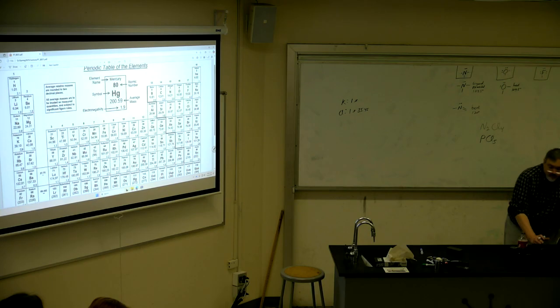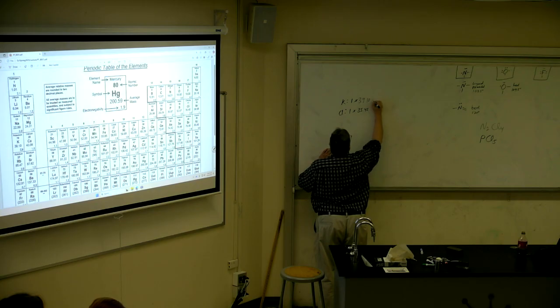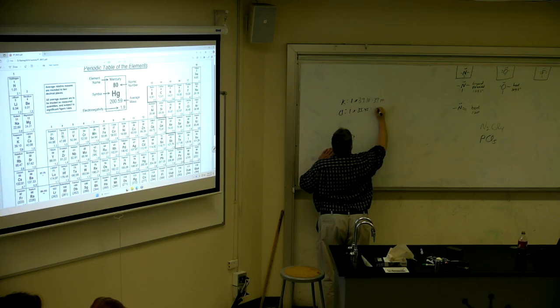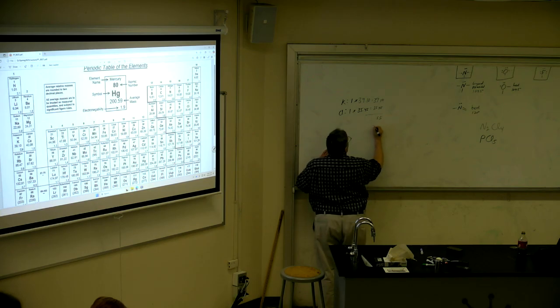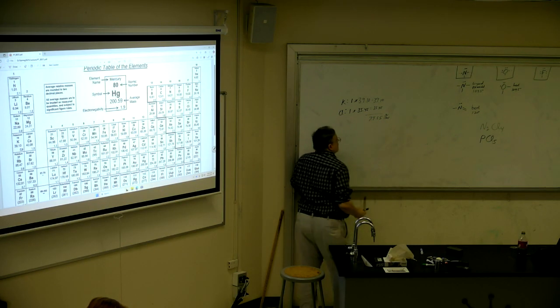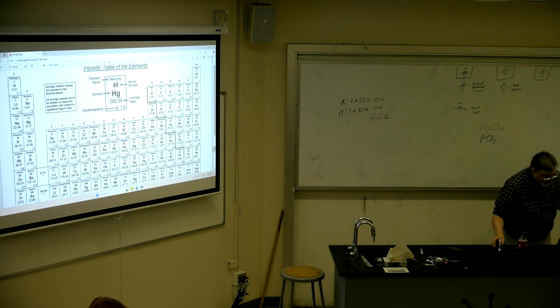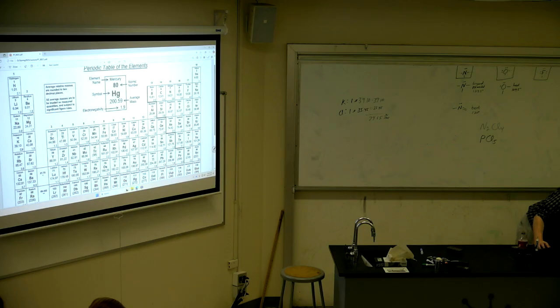And the one I didn't know off the top of my head is 39.10 for potassium. And of course it's times 1, so you multiply them across, now you add them up. And then you just stick a grams per mole, 74.55 grams per mole. Assuming I did the arithmetic quick, I went through that kind of fast.